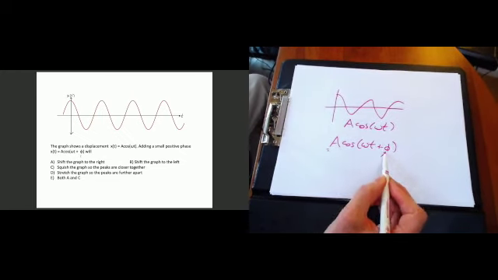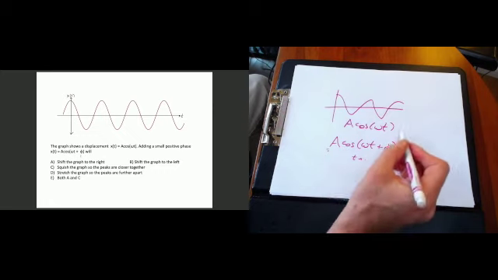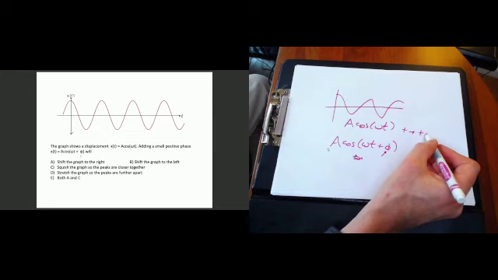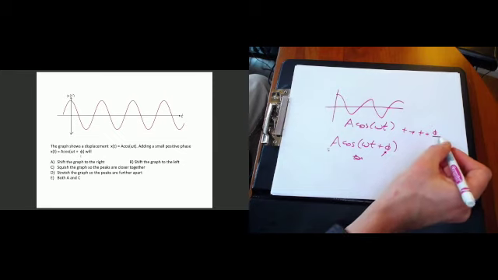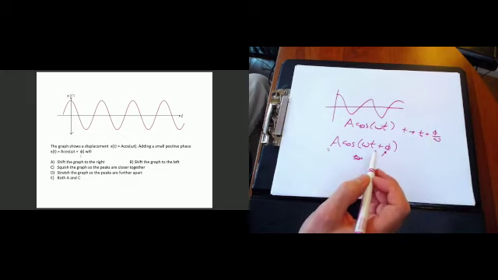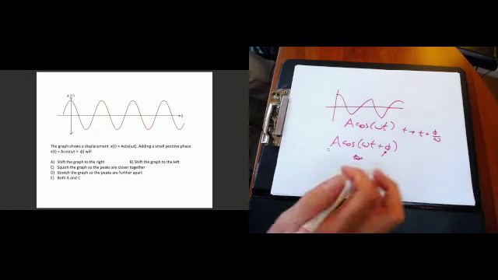So adding this phi here is like replacing t in this original function with t plus phi over omega, then we get the lower function. So it's some kind of a shift in the time, which is the x-axis in this case.